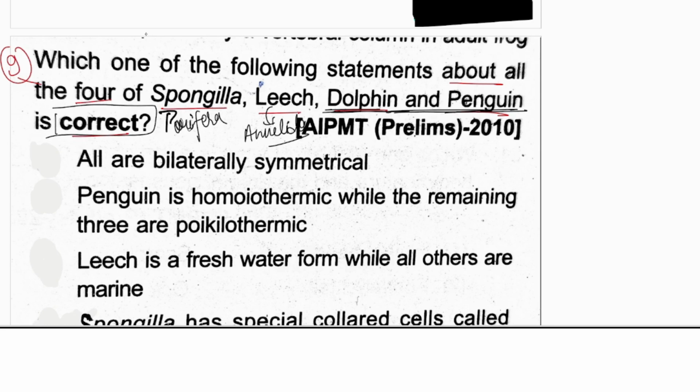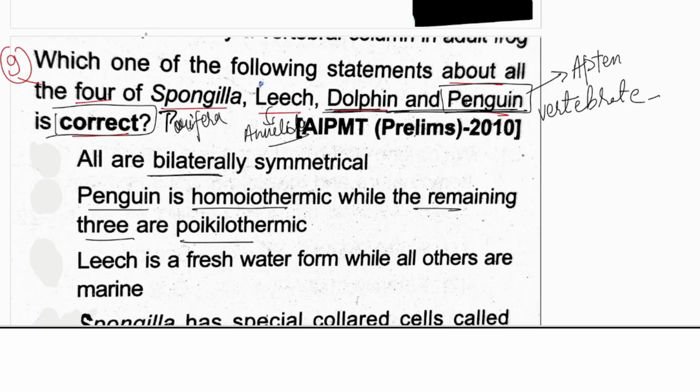They are asking for the correct one, so they are saying bilateral symmetry. In the vertebrates also we have seen bilateral symmetry. Penguin is homeothermic while the remaining three are poikilothermic. Penguin is actually from Aptenodytes. Okay, so they are asking for one of the following statements about all four: Spongilla, leech, dolphin, penguin.